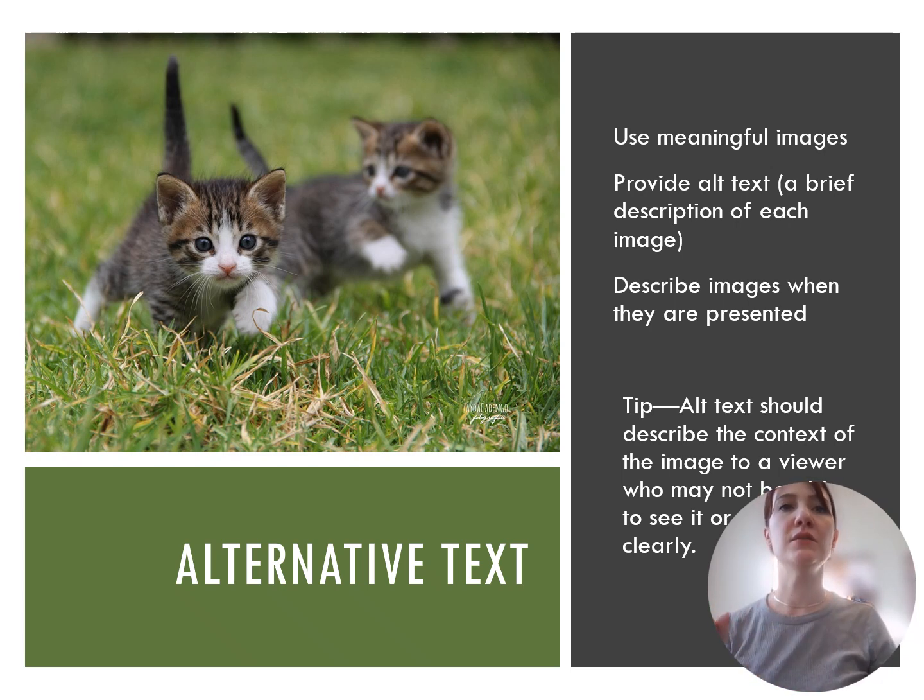And what makes alt text effective is it should give a brief description of what you're seeing, and it should help the reader or the viewer to understand the relevance of it. So if, for example, I was going to include this image on a rescue website, stating that these two kittens were available for adoption, I would describe them, right?